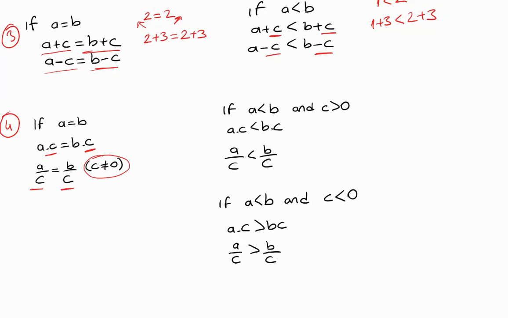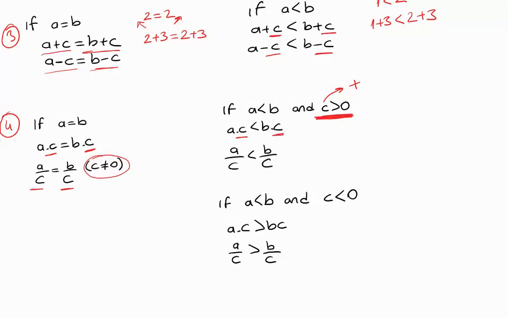In here, something is a little bit confusing. If we know A less than B and we have C bigger than 0, it means a positive number. If we multiply both sides of the inequality, it doesn't change, still less than.